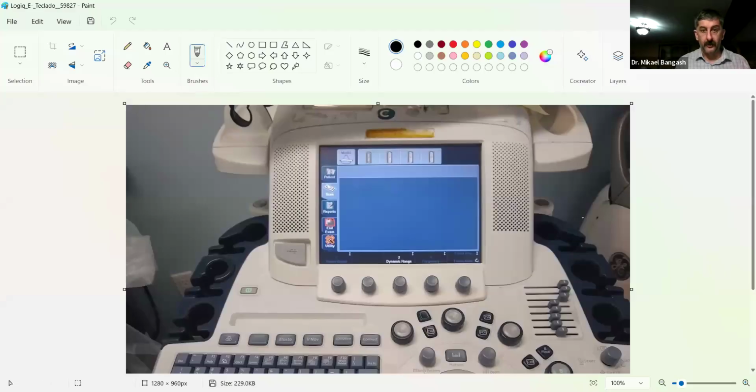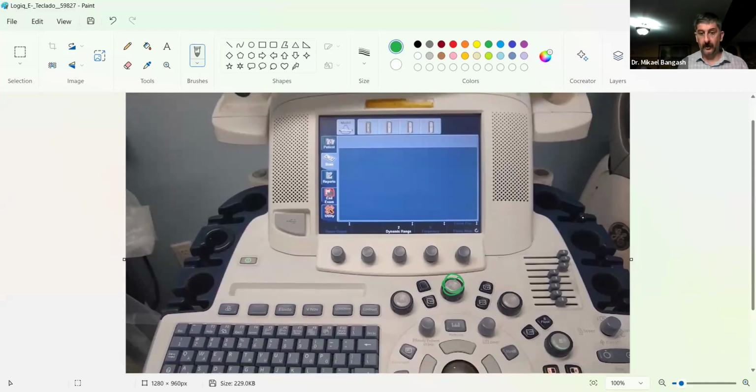How do we turn on the pulse wave Doppler? Well, this knob here. These were our four knobs: B mode, color flow, pulse wave Doppler, and M mode. So when we turn that one on, what is it that we will see?